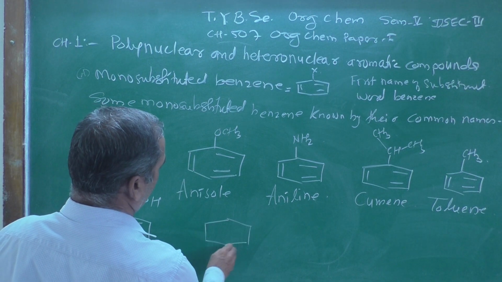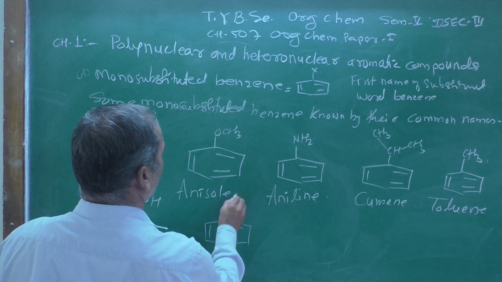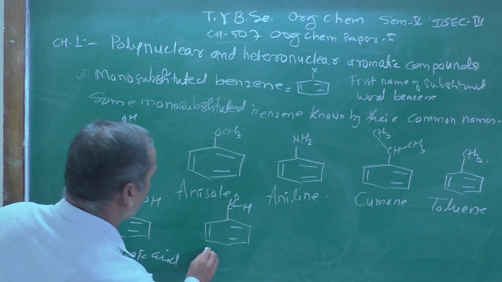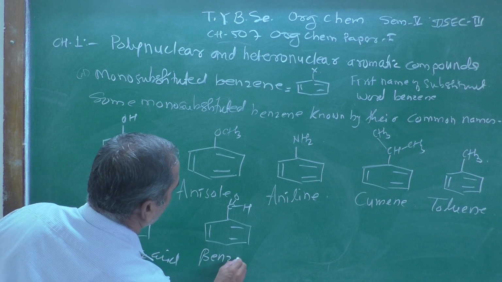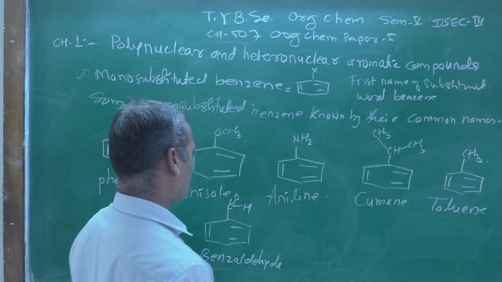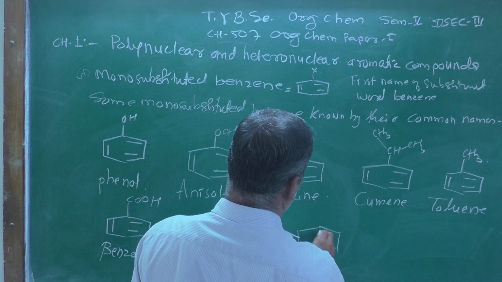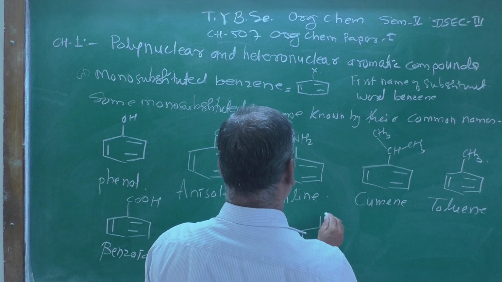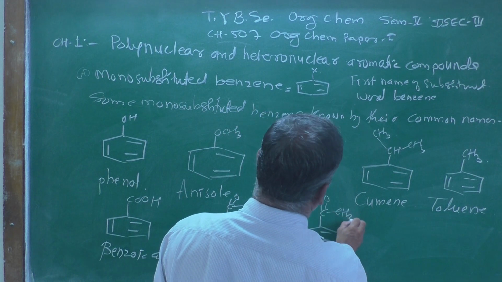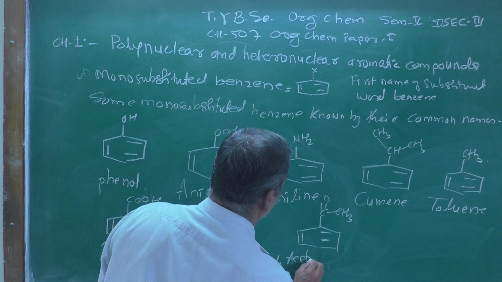Let us see another structure, C double bond O H. It is nothing but benzaldehyde. Let us see one more example: C double bond O, CH3. It is nothing but acetophenone.